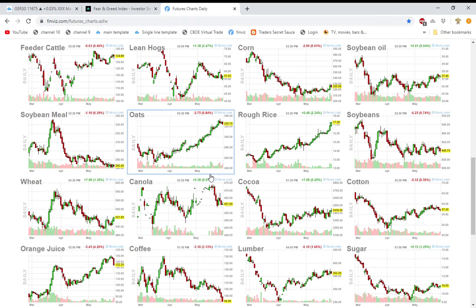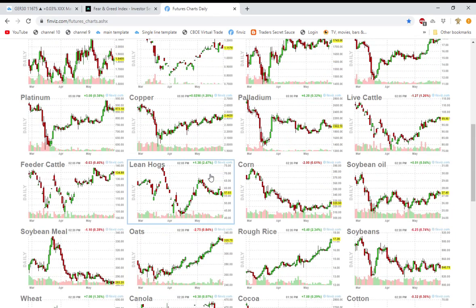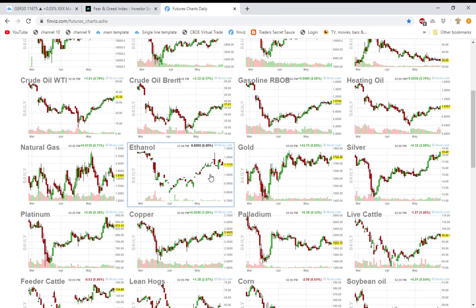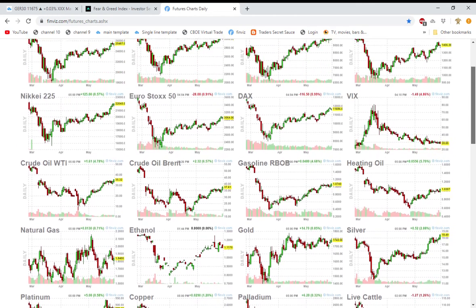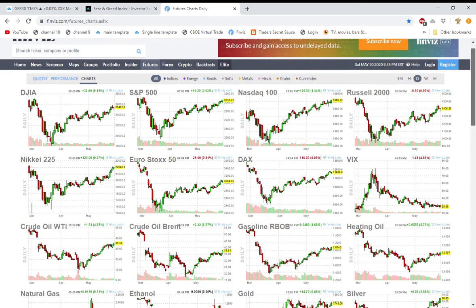Don't even touch that. And silver, look at silver compared to gold. Silver's had a massive rally as gold's been in a consolidation here. And what else? Nikkei's been doing alright. Nikkei's recovering, and that's about it.